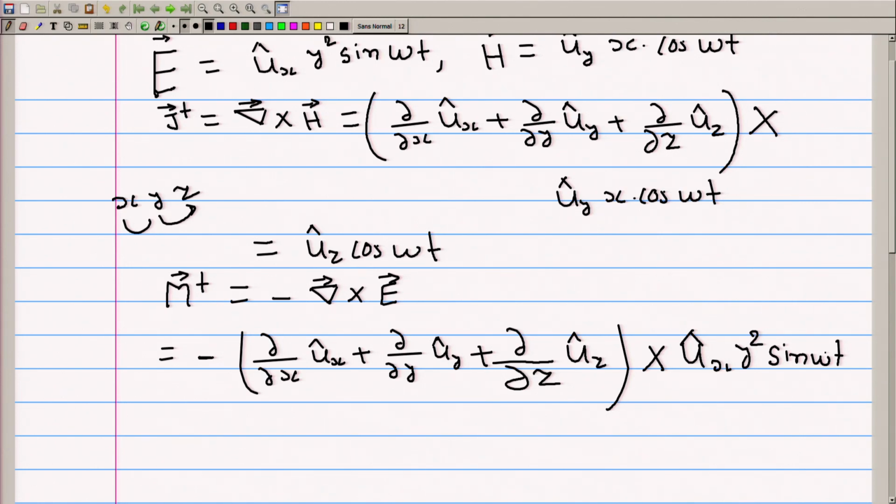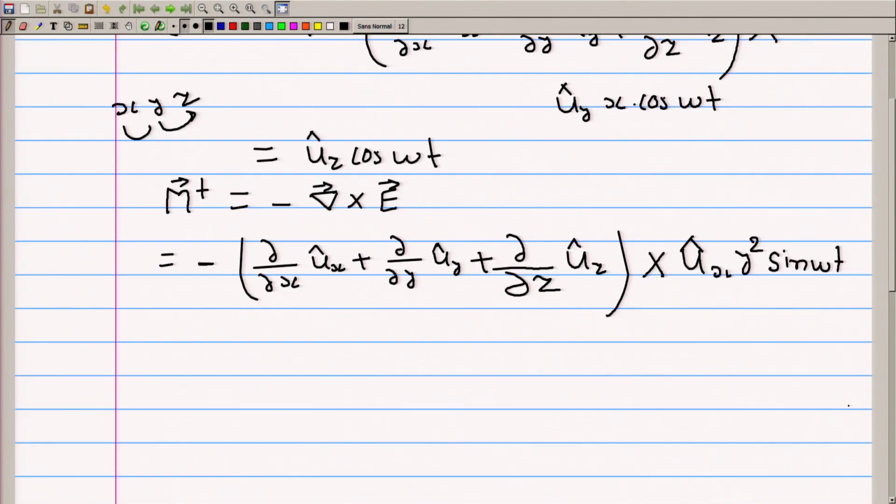In the second term uy cross ux will be minus uz, with differentiation del upon del y.